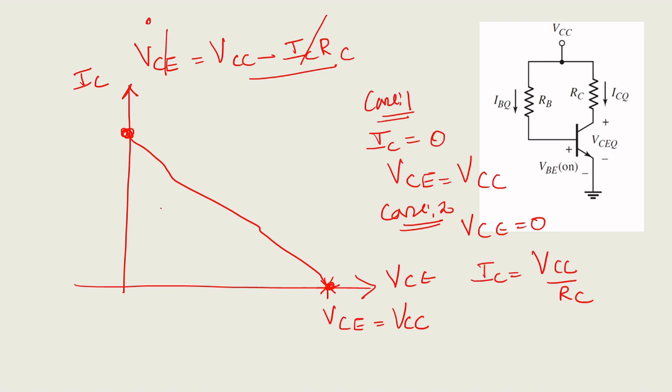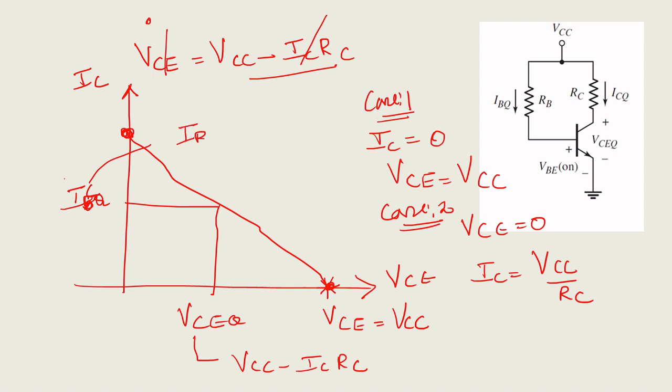That's all. Now you want to find the operating point for this. This point will be VCQ and this point will be ICQ. So how can you find it? We know the VCQ formula is VCC minus ICRC. Similarly, how will you find ICQ?